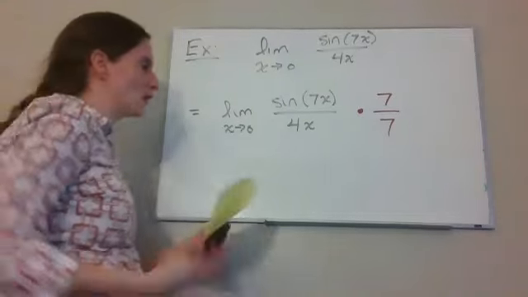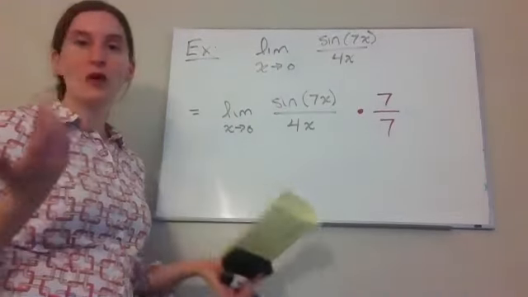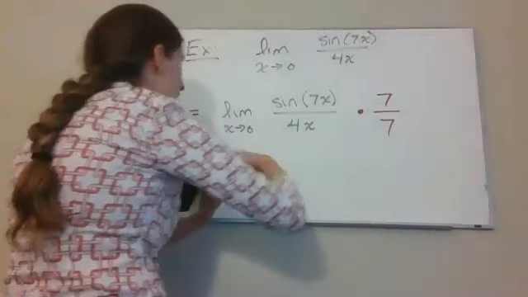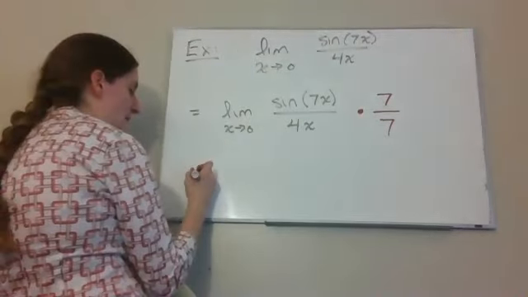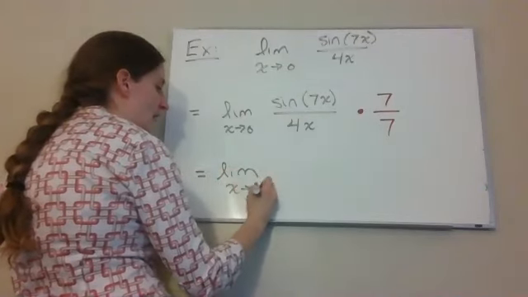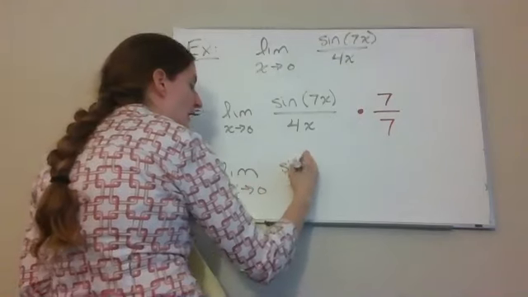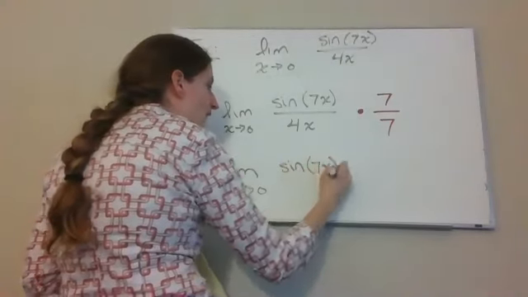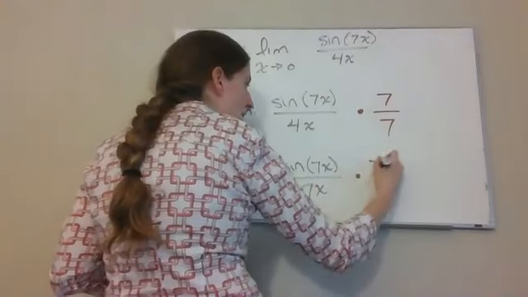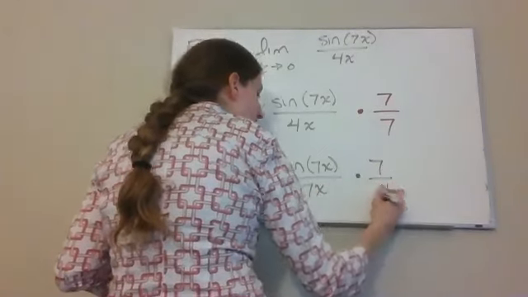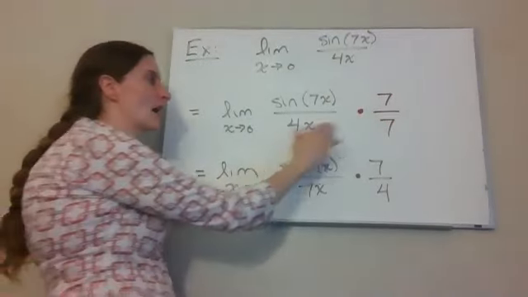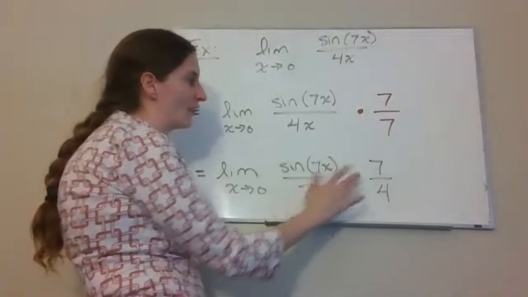Now, we know that in the real number system multiplication is commutative. It doesn't matter which way we write it. So I'm going to rearrange this a little bit as the limit as x approaches 0 of sine of 7x over 7x times 7 over 4. So I rearranged in the denominator because 4x times 7 is the same thing as 7x times 4.